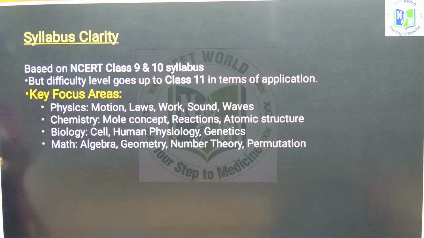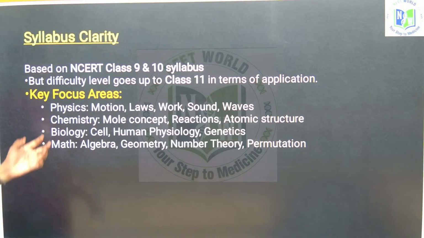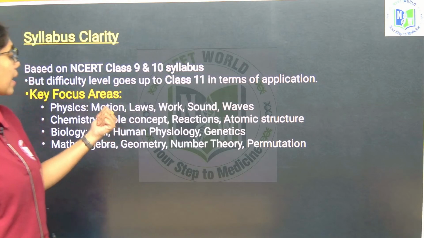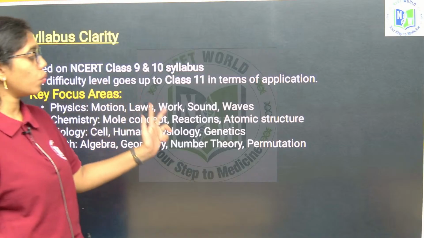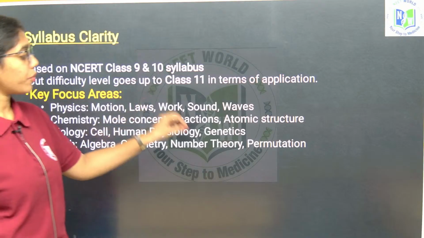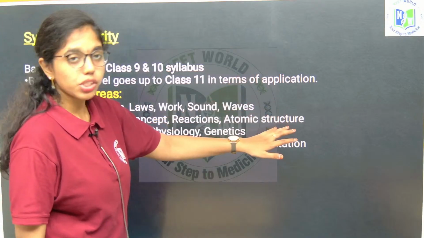Key focus areas. What are the key focus areas for this? In physics, the more important concepts are motion, laws of motion, work, sound and waves. In chemistry, mole concept, reactions and atomic structure.